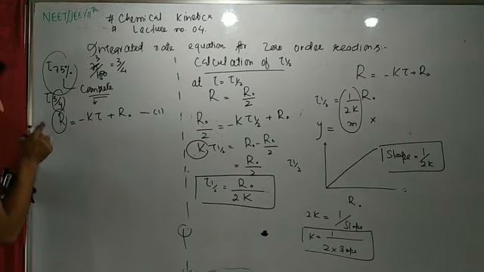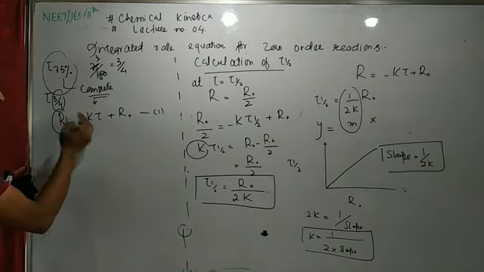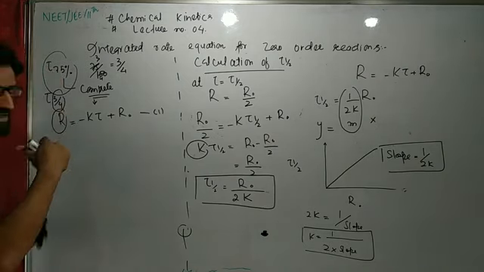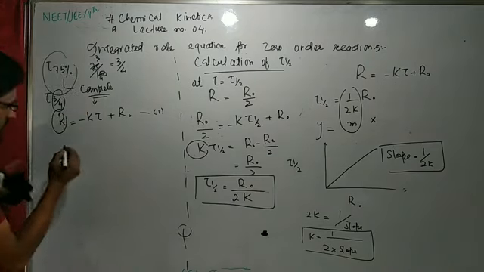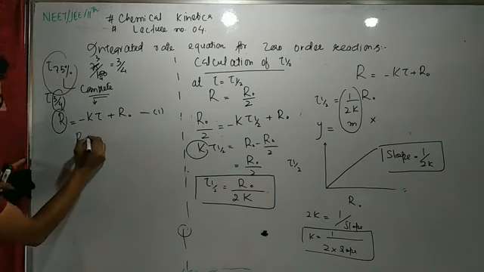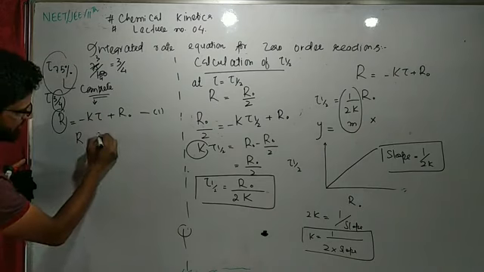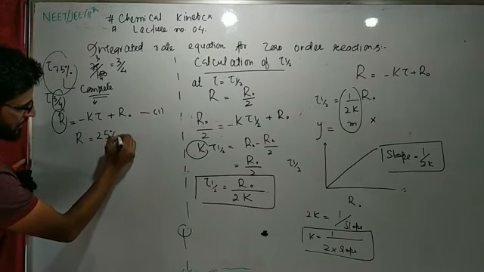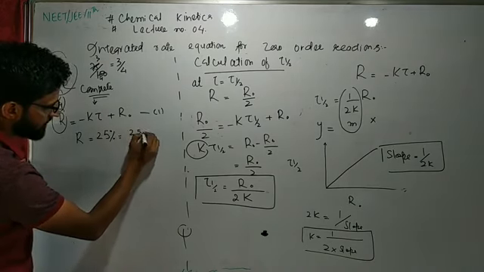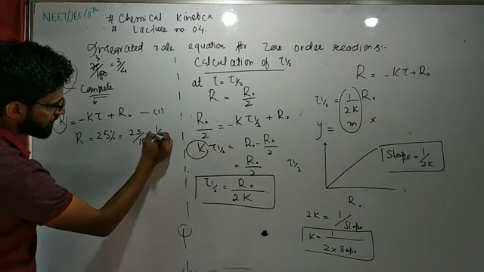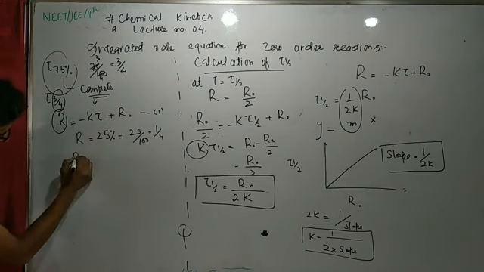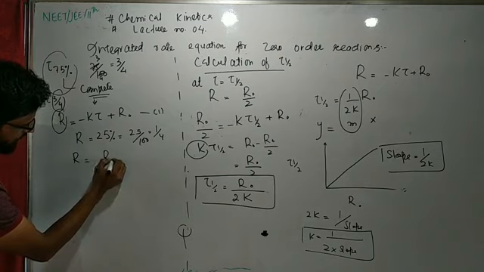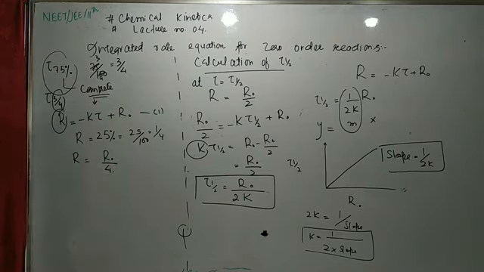R is the concentration of reactants at time t. If 75% of reactants are converted into products, the amount of reactants remaining will be simply equal to 25%. 25% simply means 25 divided by 100, that will be equal to 1 by 4. That means R will be equal to R naught divided by 4. This is the concentration of reactants at time T75%.